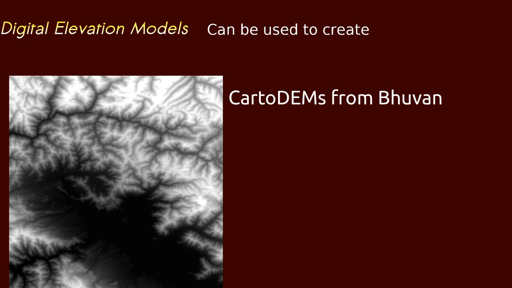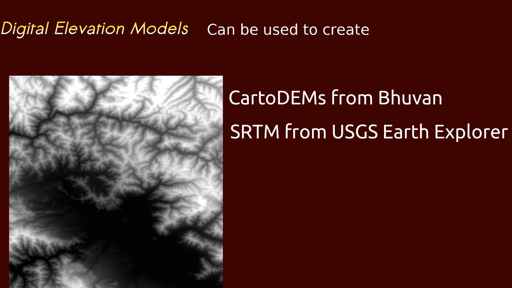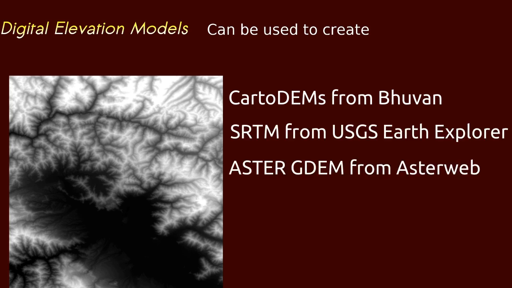Other products are from SRTM, Shuttle Radar Topography Mission, ASTER Global Digital Elevation Models, Advanced Spaceborne Thermal Emission and Reflection Radiometer, a Japanese satellite, and LIDAR, Light Detection and Ranging. These products are freely available from different data hubs.